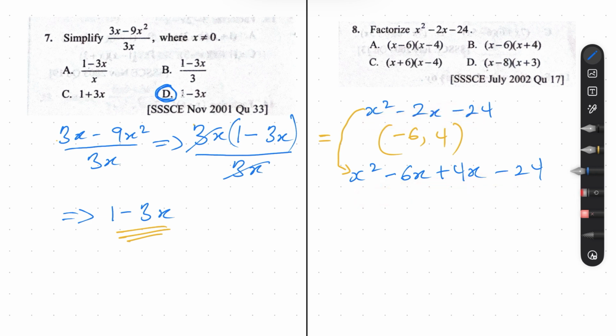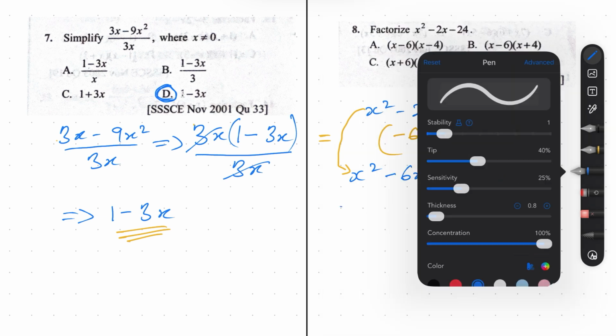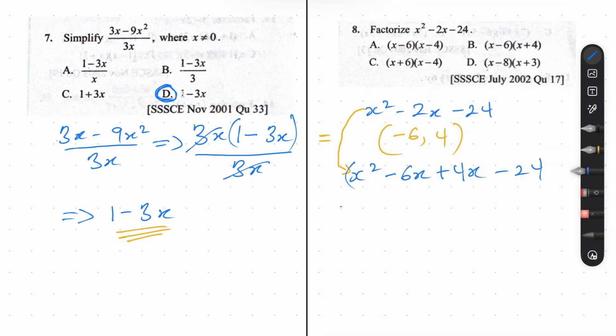So cool, let's continue. Now we can group the terms and then factor out, right? Let's group this, then group this. Now we can factor x out of here because x is common, so we bring x out. Then it will be left with x minus 6, right?